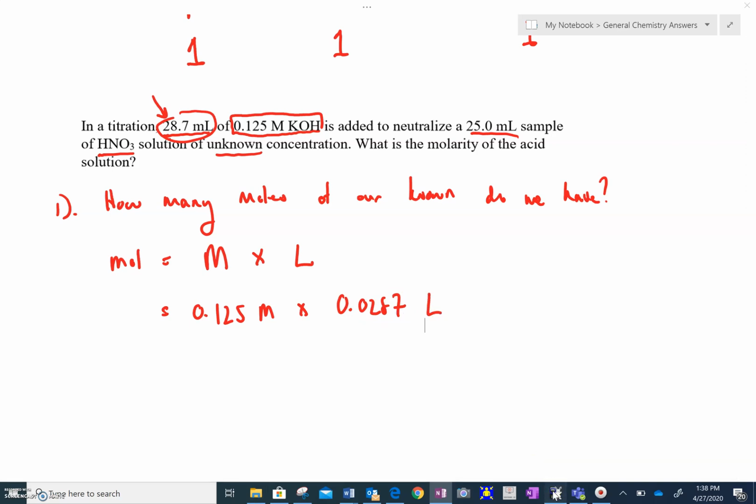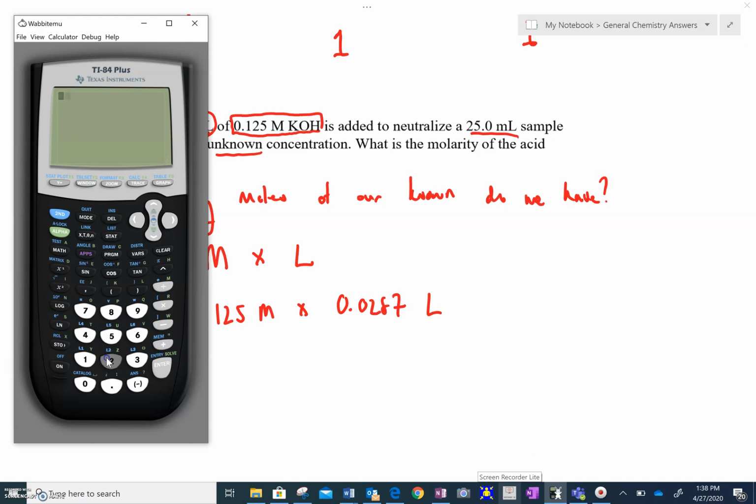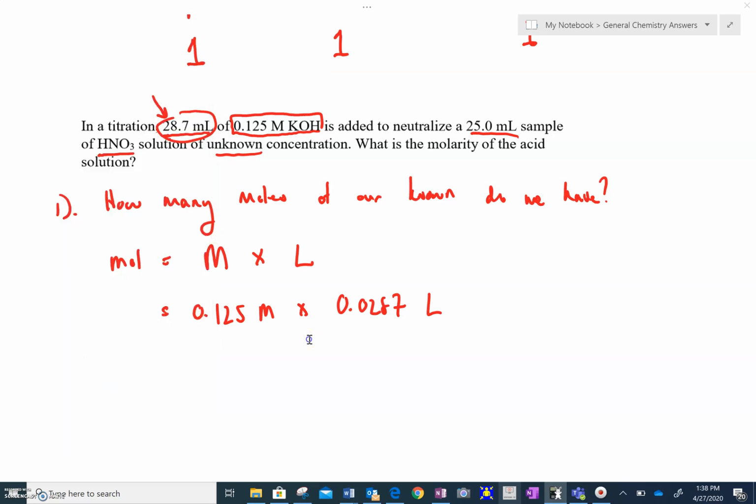If you have a hard time doing that, just take your volume in milliliters and divide by 1,000. You'll get 0.0287. Okay, so let's take this 0.125 molar, multiply it by 0.0287 liters. This will tell us how many moles of our known we have.